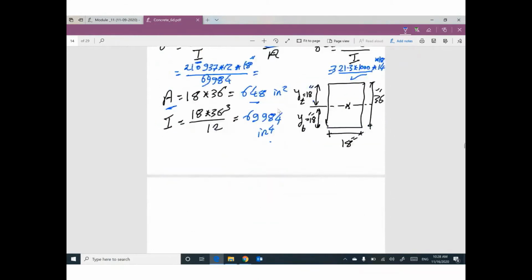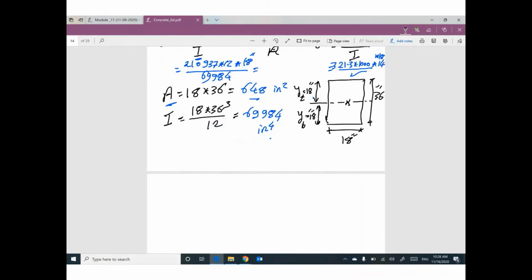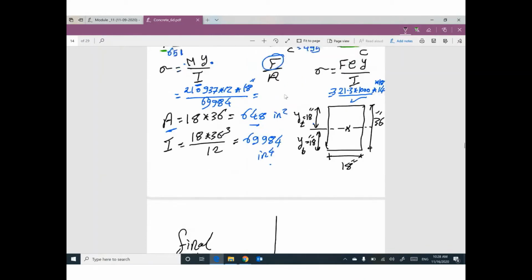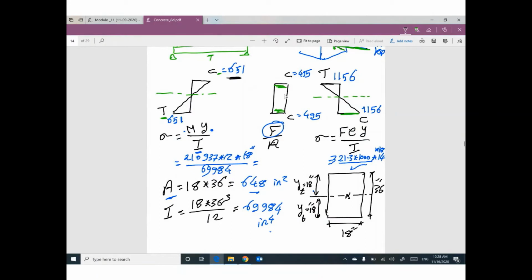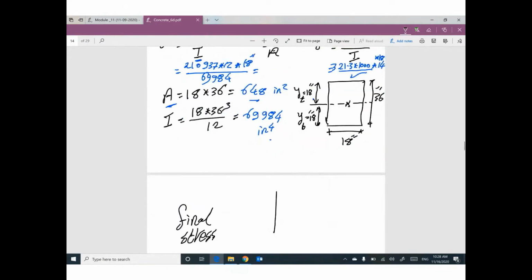Finally, can you tell me what is the final stress? Okay, we have here compression, both of them will be added, 651 plus 495 minus 1,156. This one is the biggest one, so we will have tension equal 10 psi.